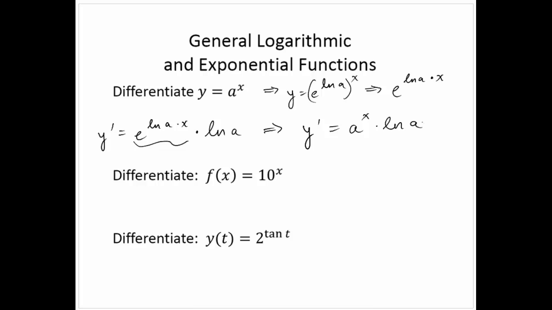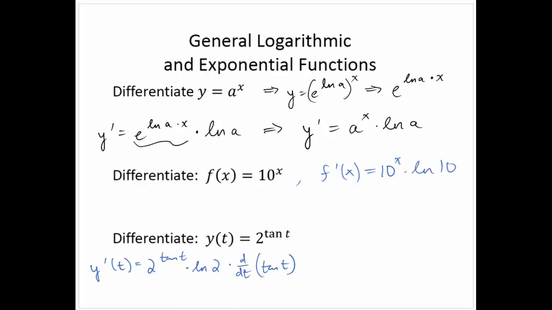So, for example, if f of x is equal to 10 to the x, then f prime of x would be 10 to the x times the natural log of 10. If y of t is 2 to the tangent t, then y prime of t would be 2 to the tangent t times the natural log of 2 times d by dt of tangent t.